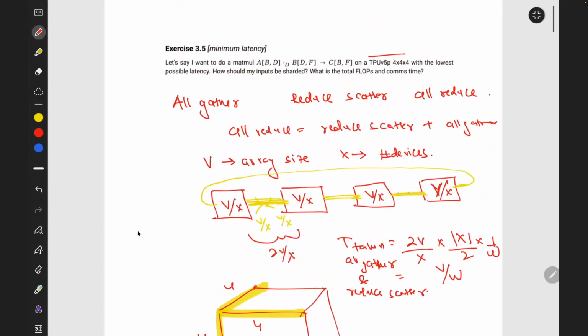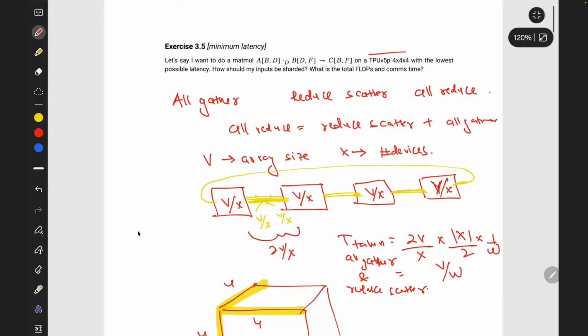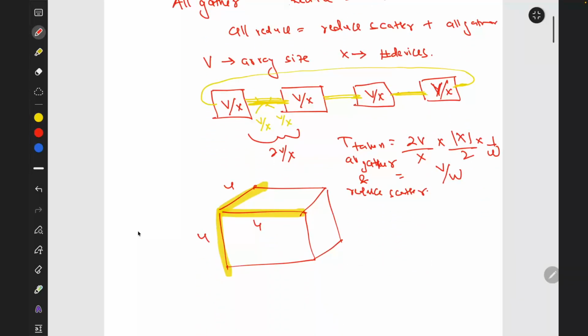So we have this to multiply, and we'll be sharding across these devices, and for different types of combinations, we'll be seeing how much we need to communicate.